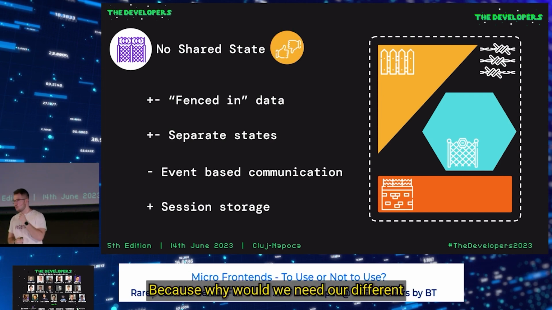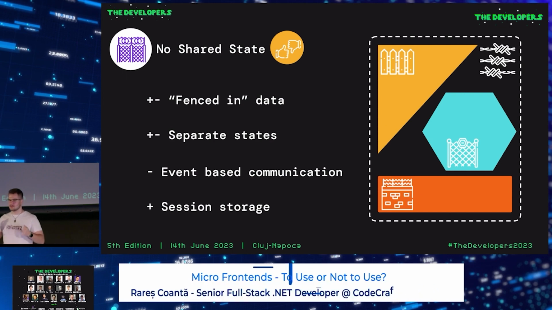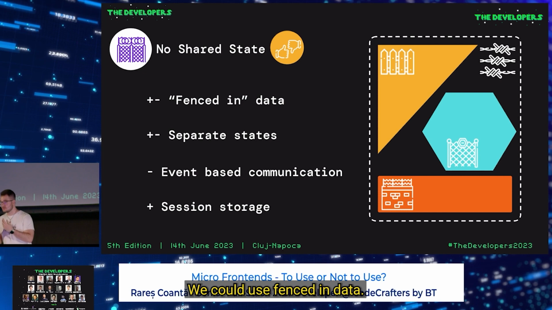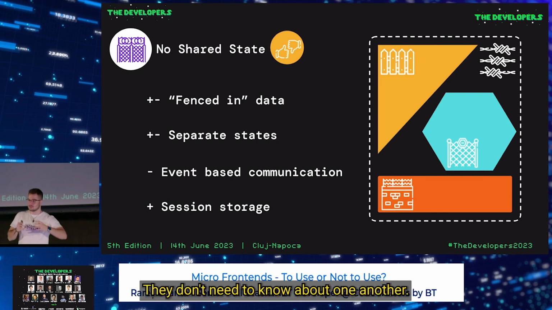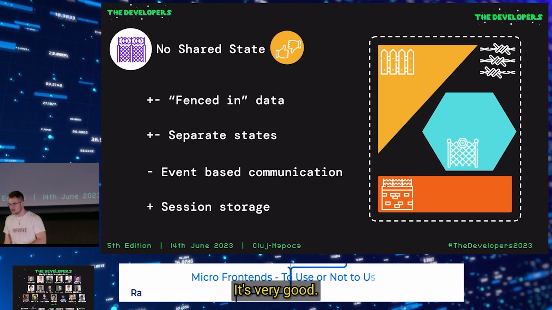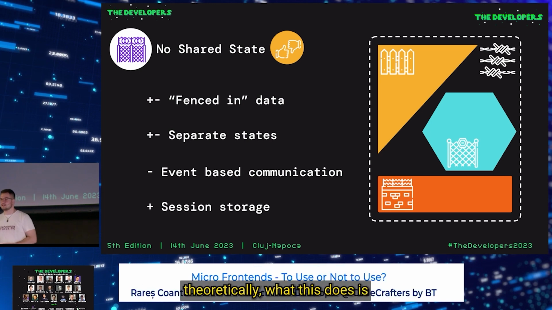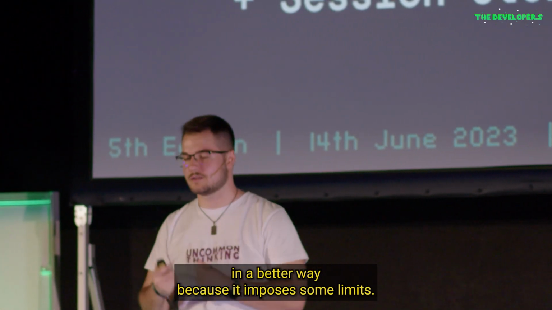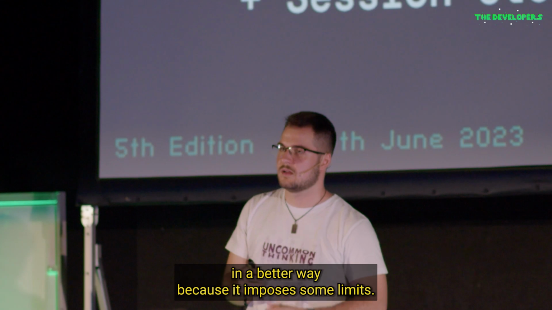Because why would we need our different micro frontends to communicate with one another? We could use fenced-in data. They don't know about one another. They can have separate states. It's very good. Theoretically, what this does is force you to break your big monolithic application in a better way, because it imposes some limits.